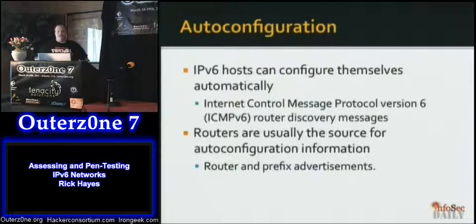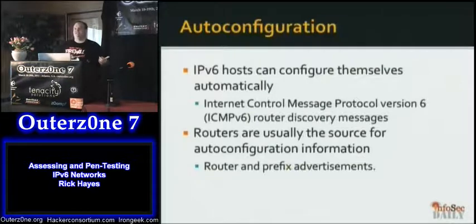So, auto-configuration. IPv6 hosts, with the exception of Macs, can auto-configure themselves to get an IPv6 address. They use a router discovery message, which is what is actually required, and Apple implements that. But if it doesn't receive a message back from a router, it says, I need to find a DHCPv6 server.